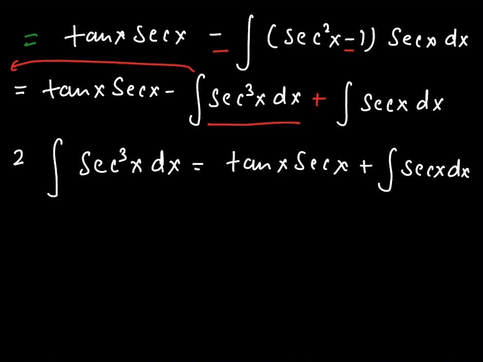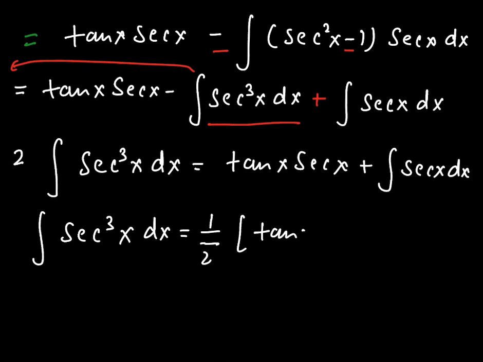Now we would divide by 2 on both sides, so we would have the integral of secant cube x dx equals half of tangent of x times secant of x plus the integral of secant x dx. Here now we have to just solve this term and we would have our answer.